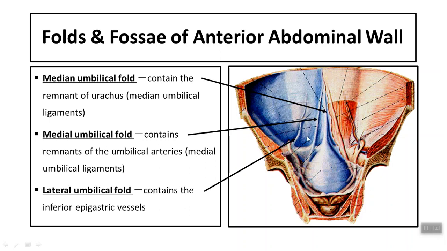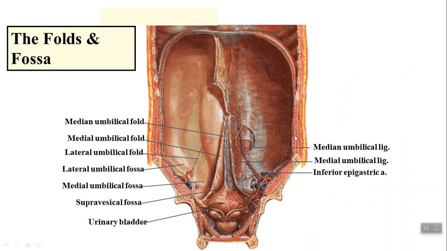The most lateral one is called the lateral umbilical fold, and it contains the inferior epigastric vessels. So at the midline we have the median umbilical fold formed by the urachus, the medial umbilical fold formed by remnants of umbilical arteries, and the lateral umbilical fold formed by the inferior epigastric vessels.